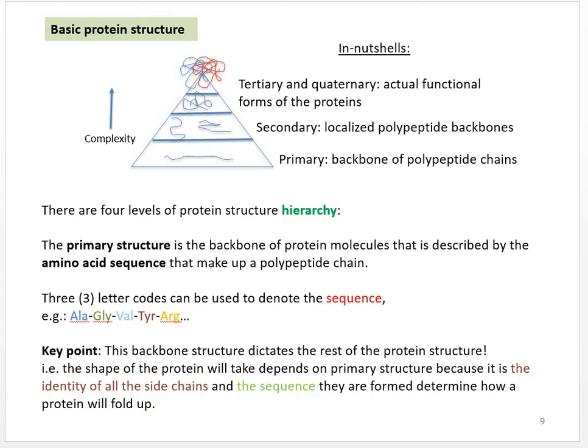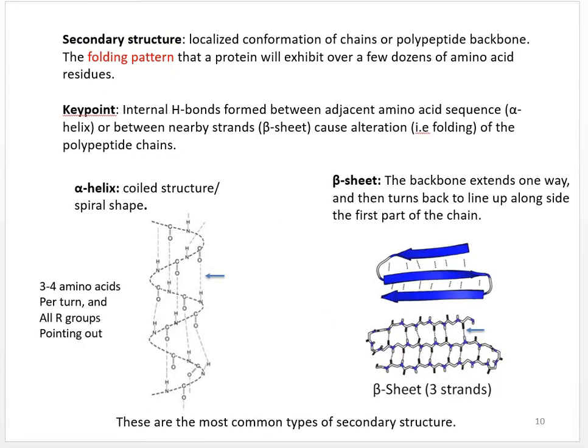The secondary structure, we are getting more and more complicated or complex. The long polypeptides are now starting to fold. So secondary structure is about the folding pattern that a particular protein will exhibit over a few dozen amino acid residues. There are 2 types of secondary structure that are most common.